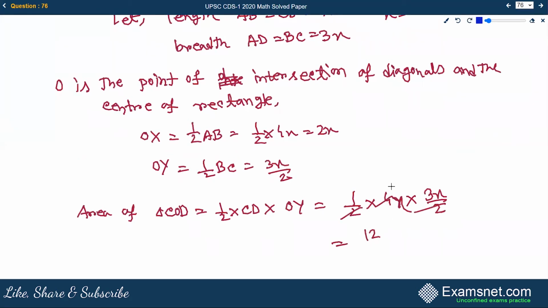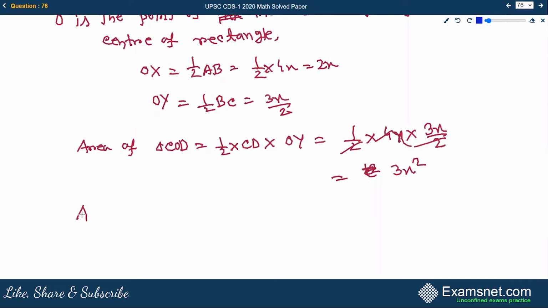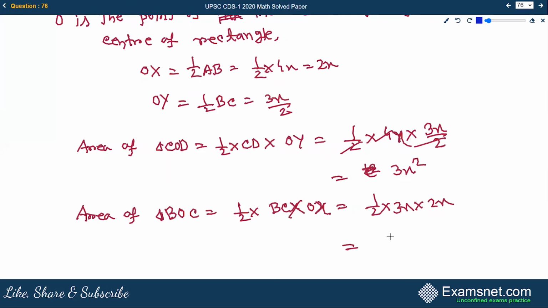We can simplify it, 3x square. And area of triangle BOC is half into BC into OX. The value of BC is 3x, multiplied by 2x, so that is again 3x square.